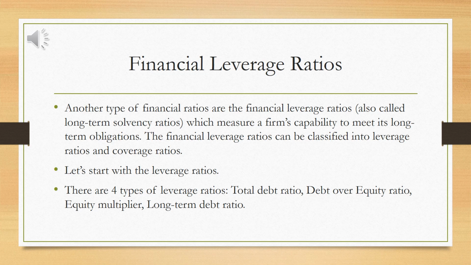Another type of financial ratios are the financial leverage ratios, which measure a firm's capability to meet its long-term obligations. The financial leverage ratios can be classified into leverage ratios and coverage ratios. Let's start with the leverage ratios. There are 4 types of leverage ratios: total debt ratio, debt over equity ratio, equity multiplier ratio, and long-term debt ratio.